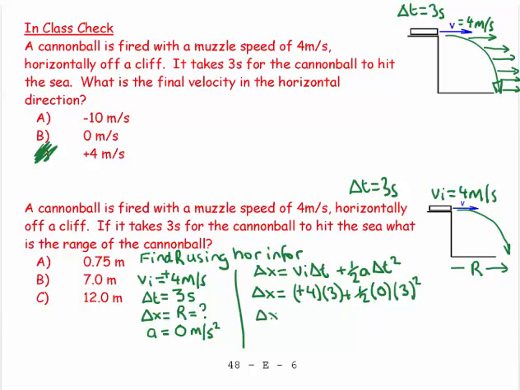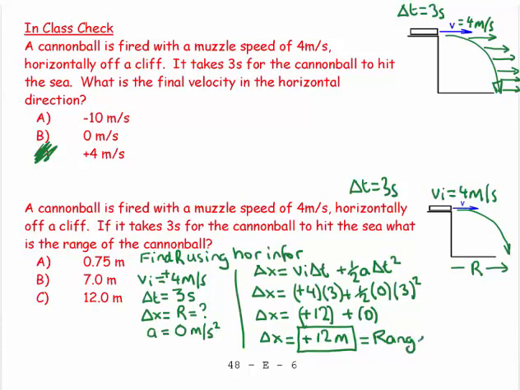So delta x is equal to plus 12 added to 0. So delta x equals plus 12 meters. So my range is equal to plus 12 meters.